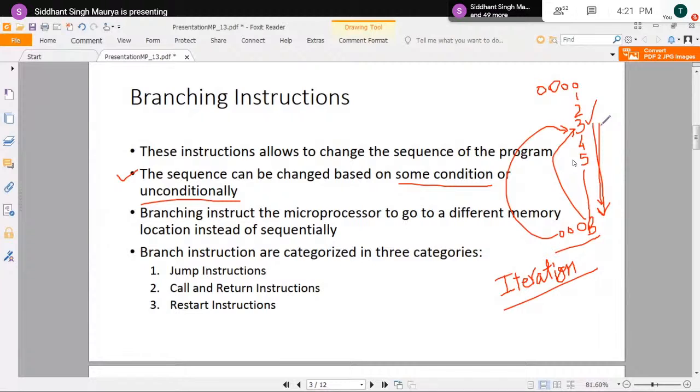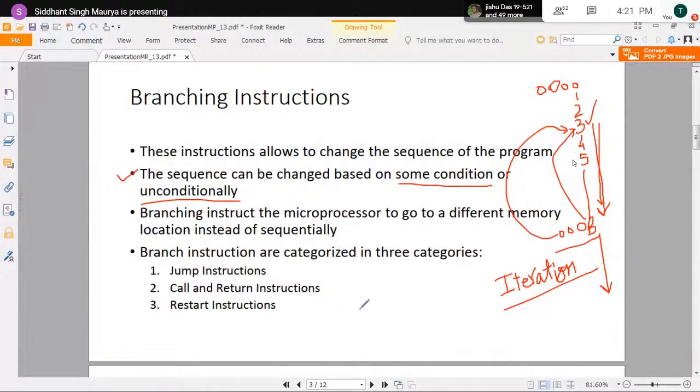This is what I said: instead of going sequentially, branching instructs the microprocessor not to go in a sequential manner, but to change the execution of the program. That means it brings the address to a different address instead of going sequential.